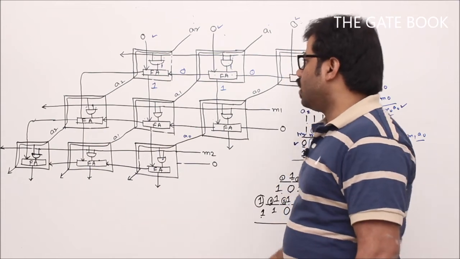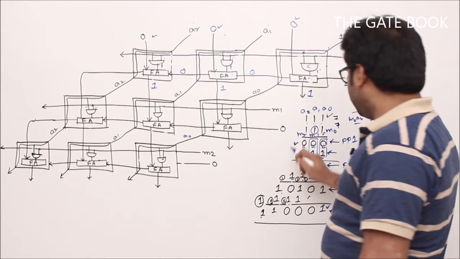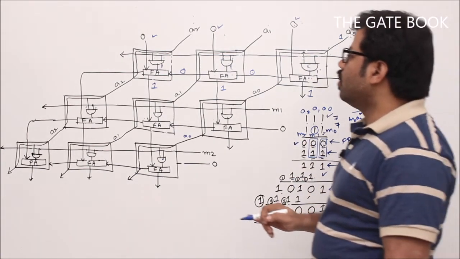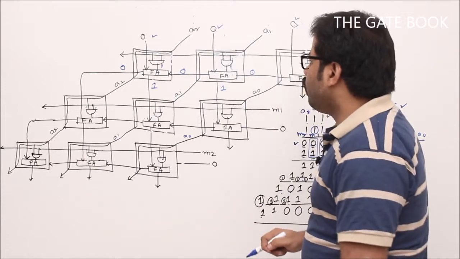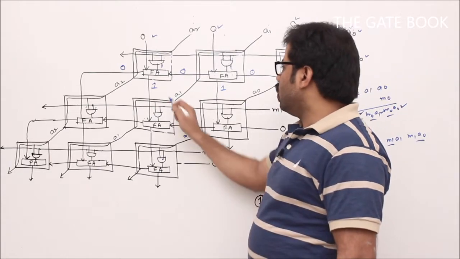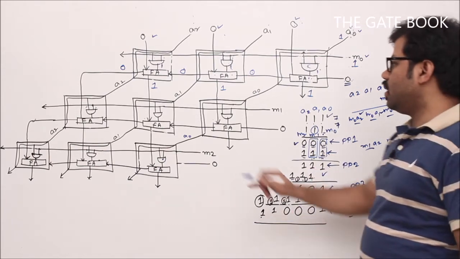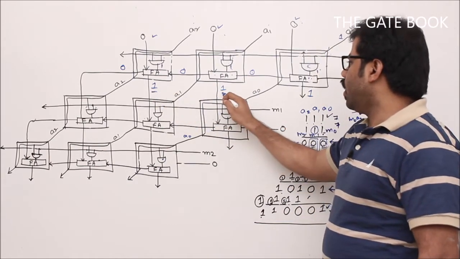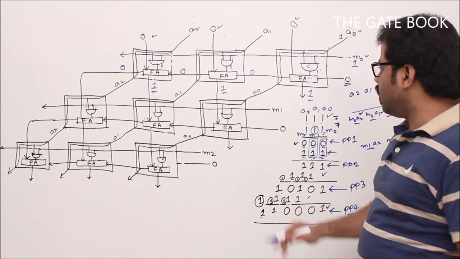Okay, fine. Sir, any carry? No carry, right? So again, same story. 0 plus 1 is 1, so no carry. So carry 0 will be propagated. Now, if you see the final answer, 0 0 0 plus 1 1 1 is 1 1 1. You can see here 1 and 1 and 1. Perfect.